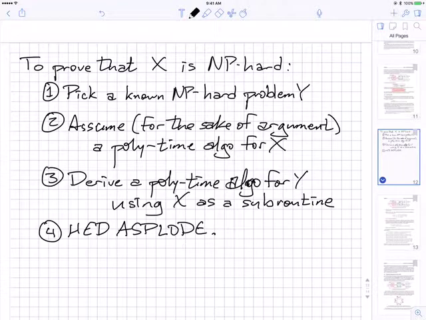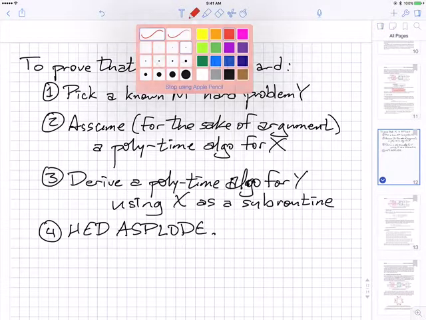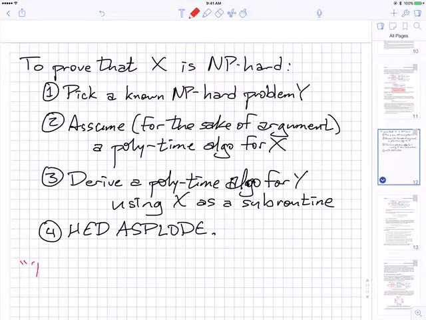Okay. Now, the way this is normally said is reduce Y to X. Take a known NP hard problem Y and reduce it to this unknown problem that I'm trying to prove is hard, X. Now, it is incredibly easy to get this backwards.